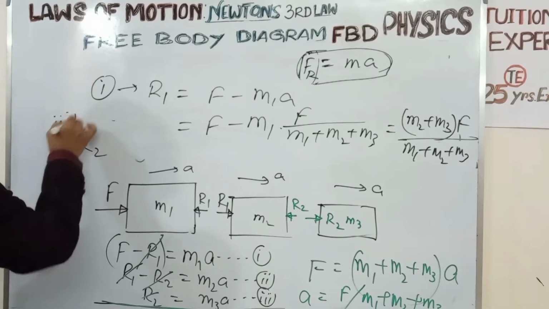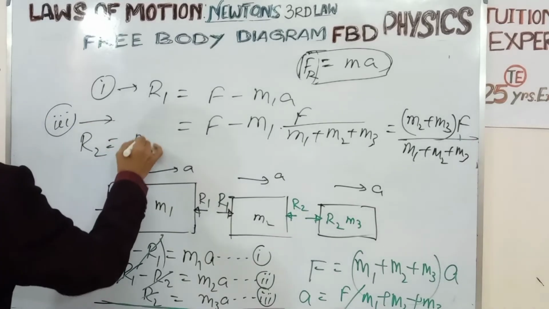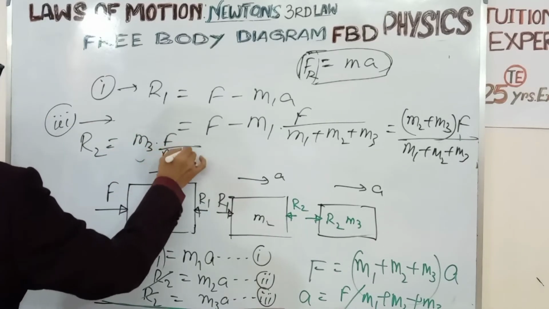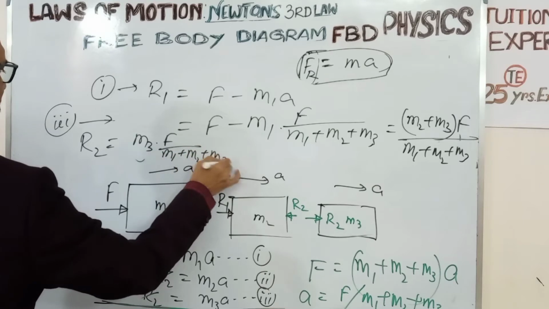From equation 3, R2 equals M3 into A, equal to this. So this is the result.